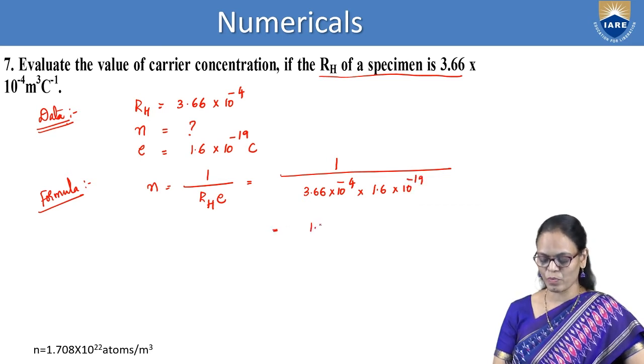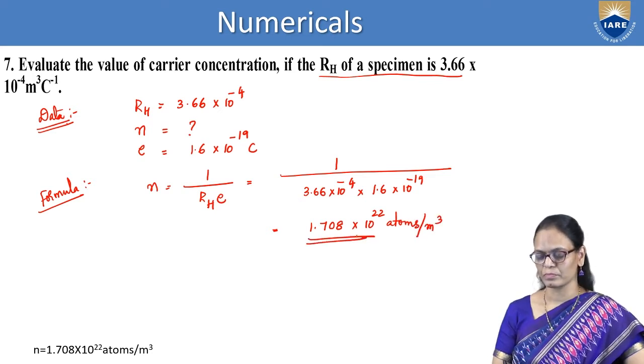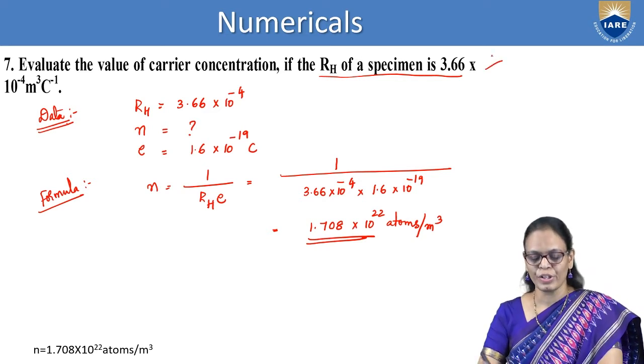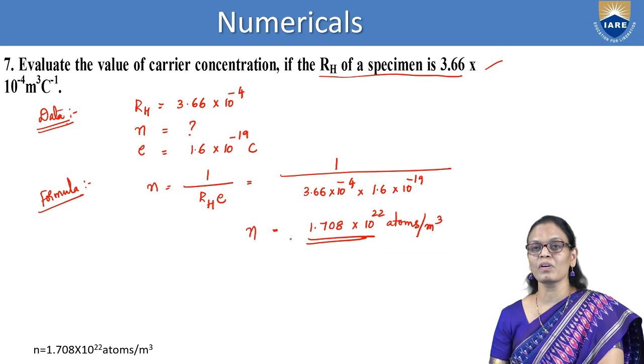Just simplify, we get 1.708 into 10 power 22 atoms per meter cube. So knowing the value of RH, you can easily calculate the value of N.